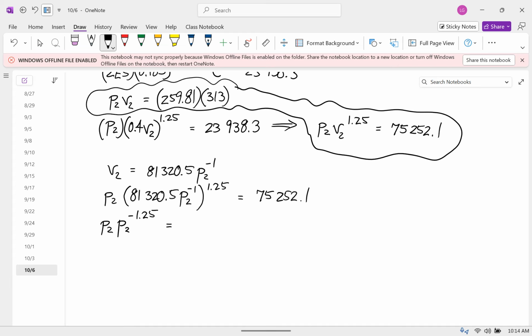And now I'm going to get rid of this constant in there. So I'm going to divide by 81,320.5 to the 1.25 power.